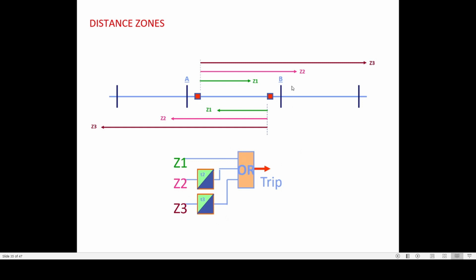Basically, if you see zone 2, now if a fault is at this point, that is in the line BC, then firstly the relay at station B must operate, and if this relay at station B fails to operate, then only the relay at substation A will operate. That means the minimum operating time for relay at substation A must be the time of operation of relay B plus some coordination time delay.